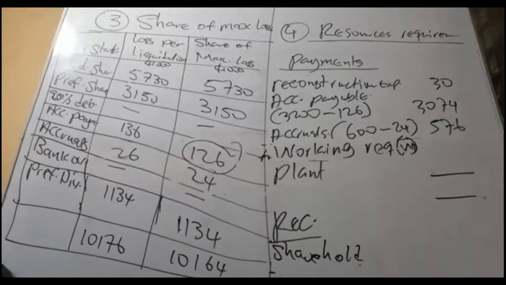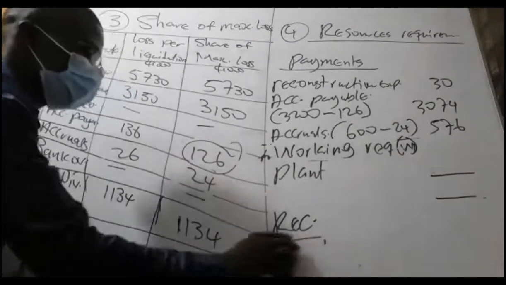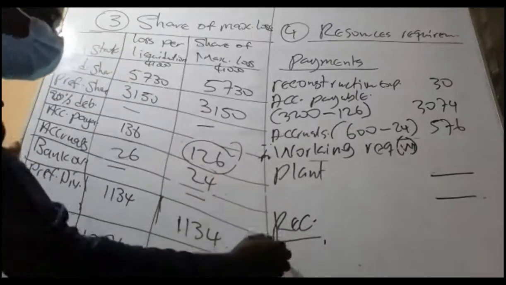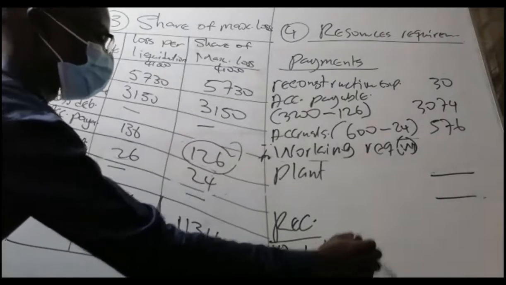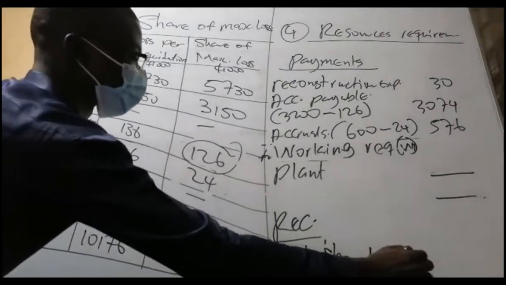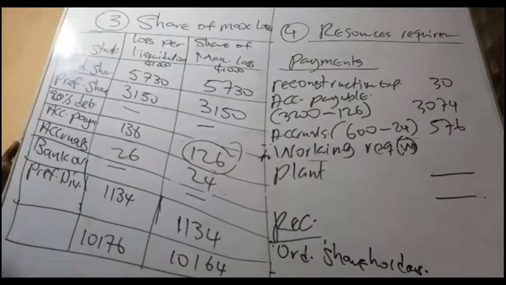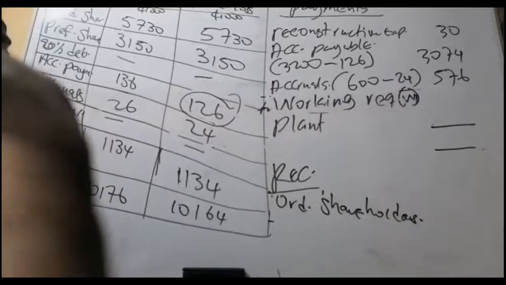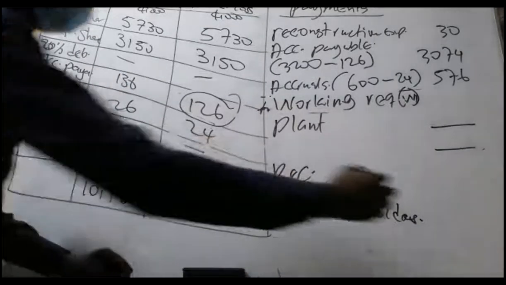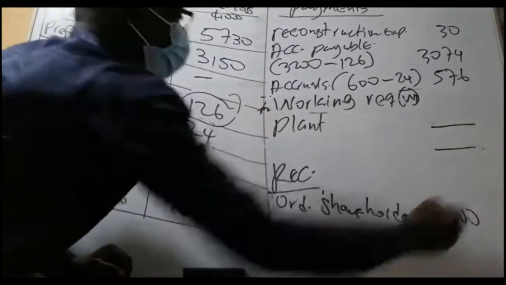It should be the ordinary shareholders. We have the preference shareholders here. The ordinary shareholders. Good. How much? They have to give us 3 million, right? So ordinary shareholders have to give us 3 million. So that would be 3,000.